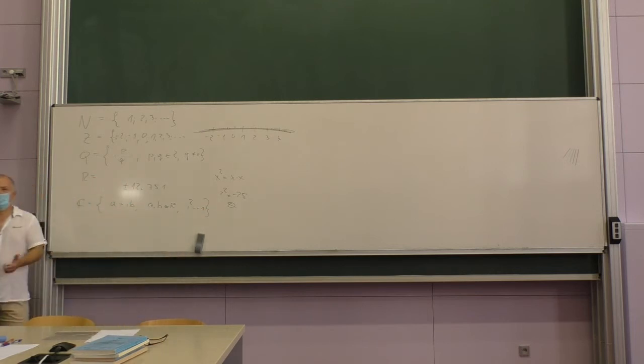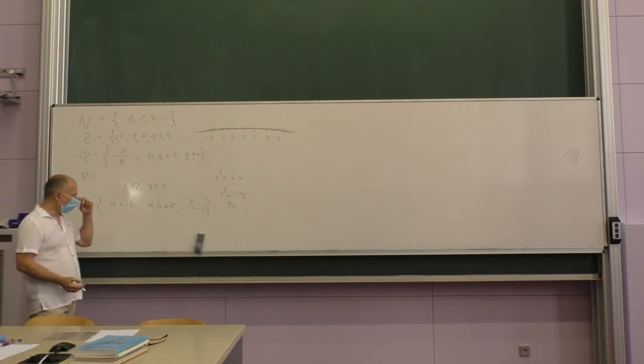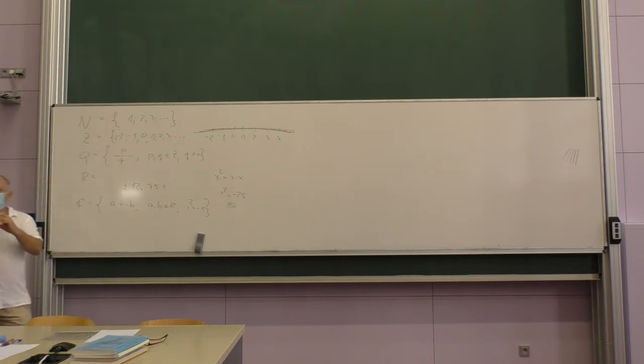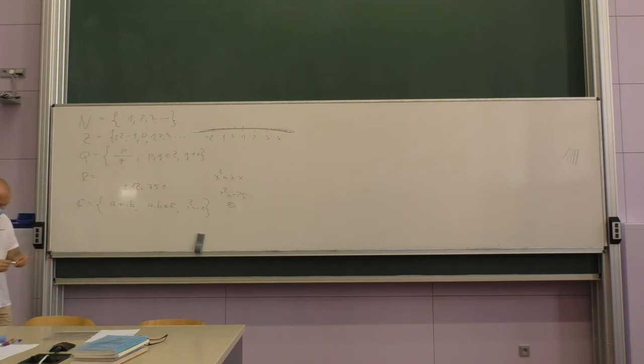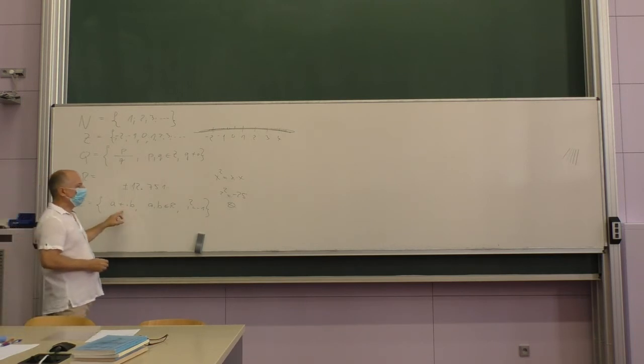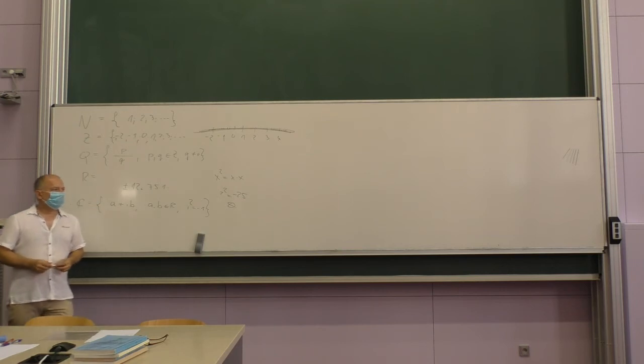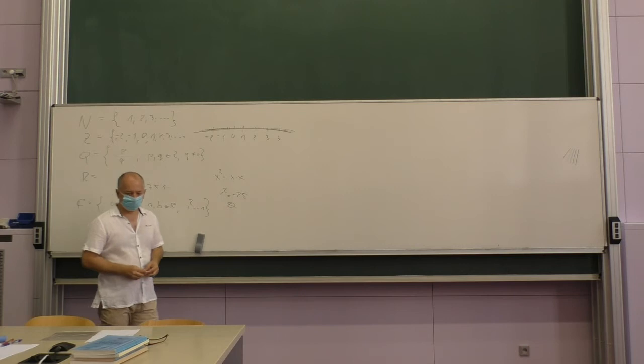This is a new symbol, new object, which is very useful. You can think of a complex number as a box for two real numbers. And this is a very useful set of numbers, often used in physics.